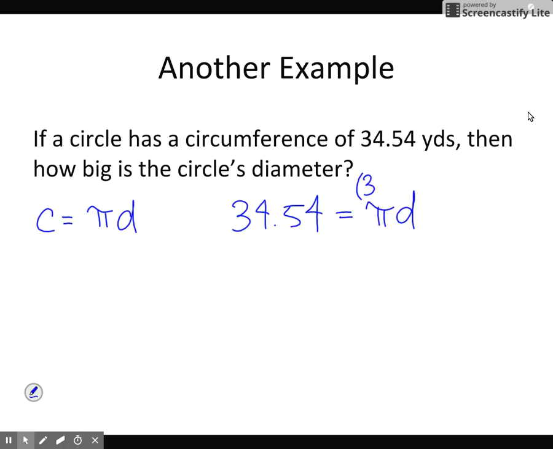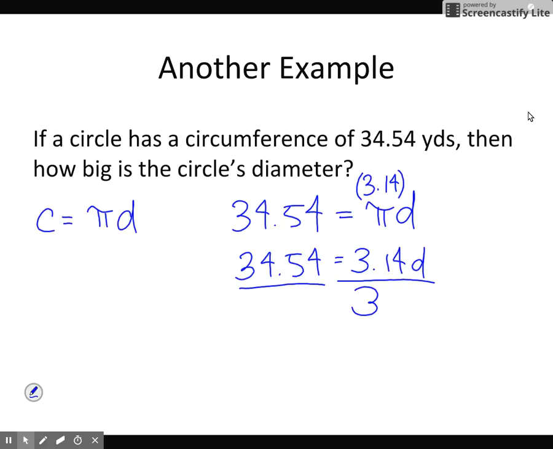In this case, pi is 3.14. So 34.54 equals 3.14 D. Now to find the diameter, we divide both sides by pi. D equals 11.